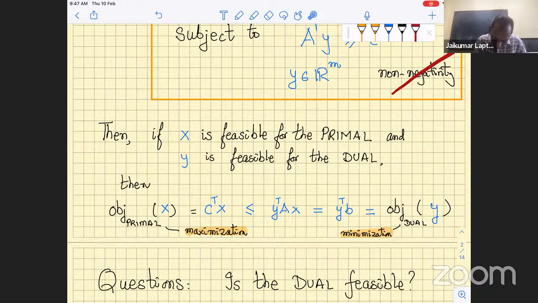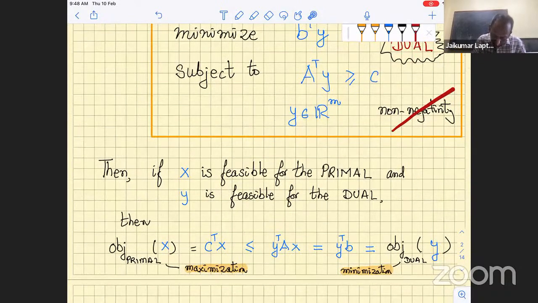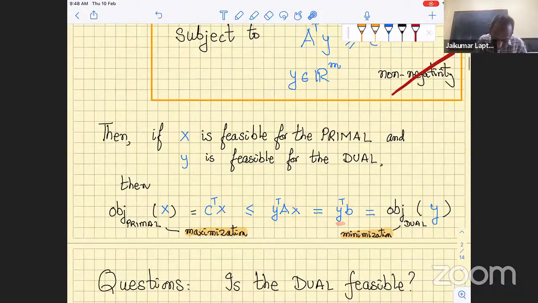So what we know is that for every feasible X for the primal and for every feasible Y for the dual, this quantity is less than or equal to this quantity, because of our discussion before. The moment we find a feasible solution for the dual, it imposes a restriction on every feasible solution for the primal.